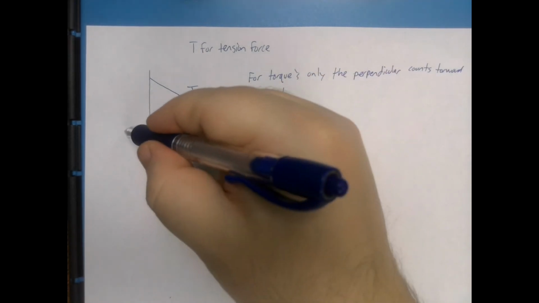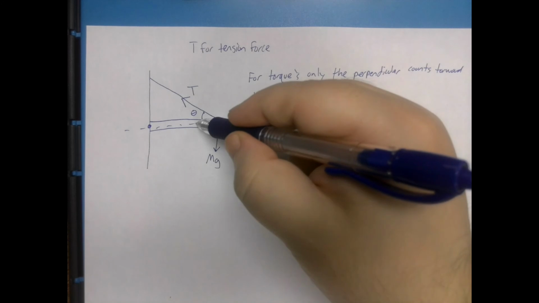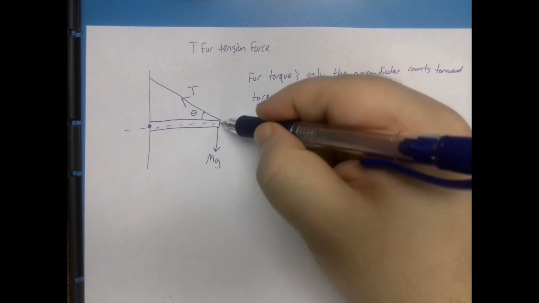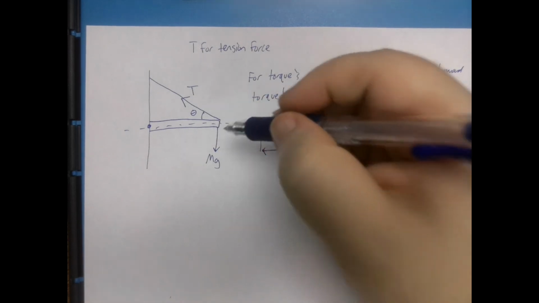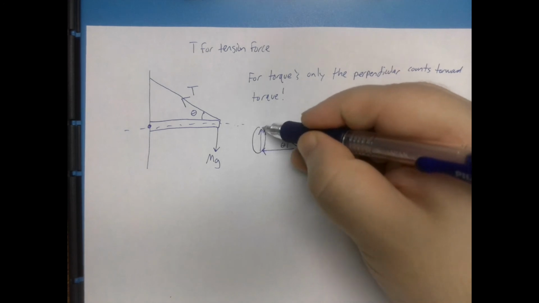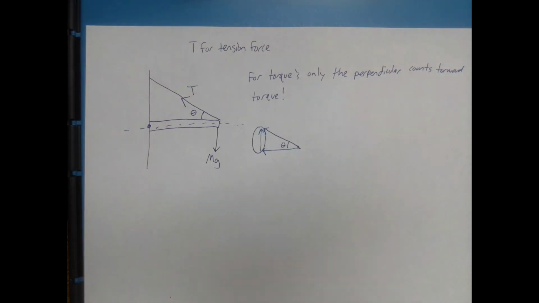If we could draw an imaginary line here, this imaginary line is horizontal, so only the vertical component will contribute to torque.